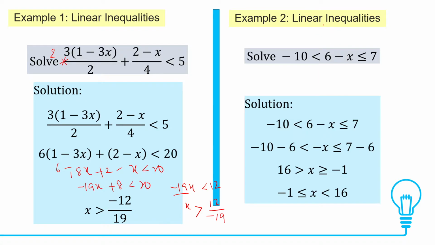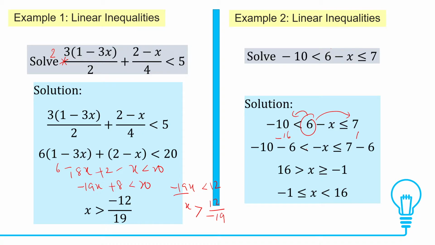If you have a linear inequality bounded by two different numbers, you need not be worried. Just try to move one item at a time, per trip. First, I move my positive 6 to the other side, so it becomes minus 6. After that, we have negative x less than negative 16.